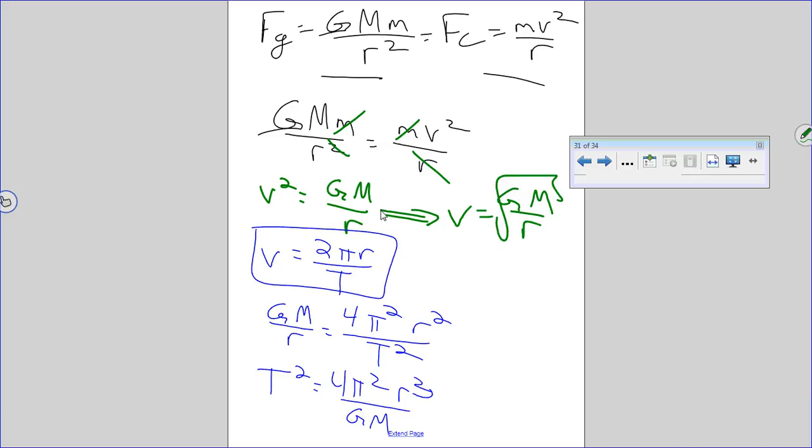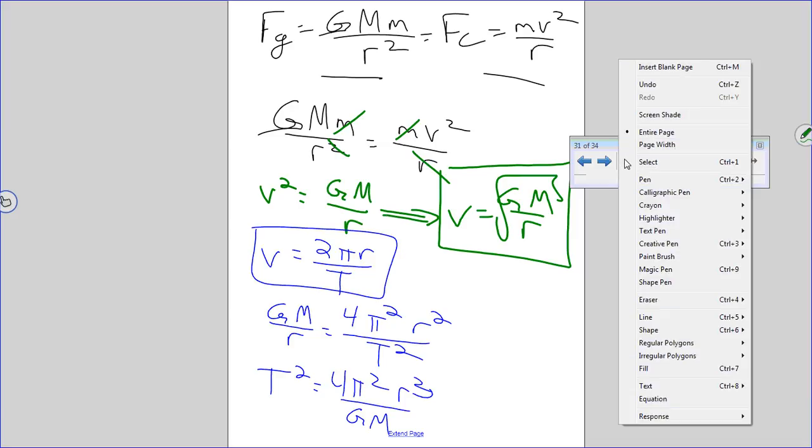For something to be in perfectly circular orbit at a given radius, this is the required velocity. We derived that using the equation for centripetal force, which presumes that your object is in a circle, right?